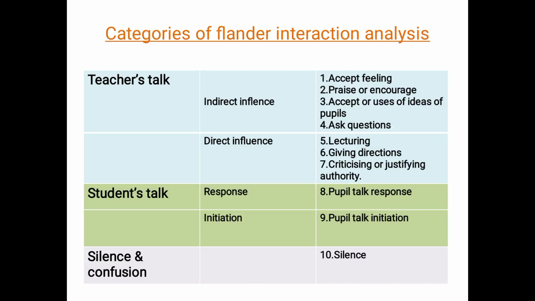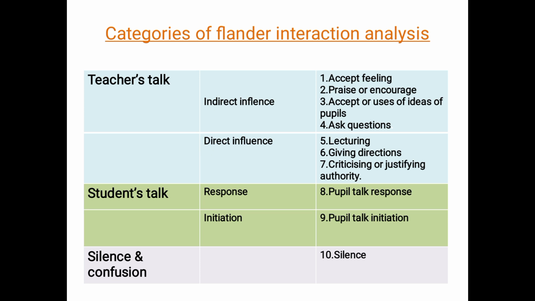There are various categories in Flanders interaction analysis, 10 in number. Sometimes the question is asked how many categories there are in Flanders interaction analysis. So there are 10 categories. Basically the major categories are three: teacher talk, students talk, and silence and confusion.